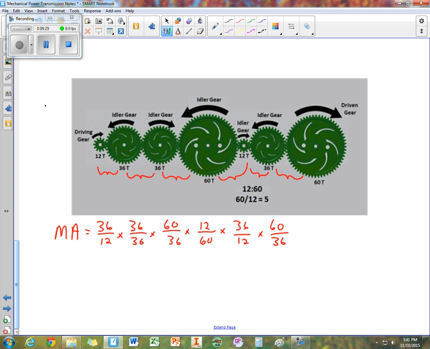Now, notice we have a lot of cancellations going on here. So we're still stuck with a 60 to 12 tooth gear, which is still a mechanical advantage of 5. So that is how we calculate mechanical advantage when we have a long line of gears.